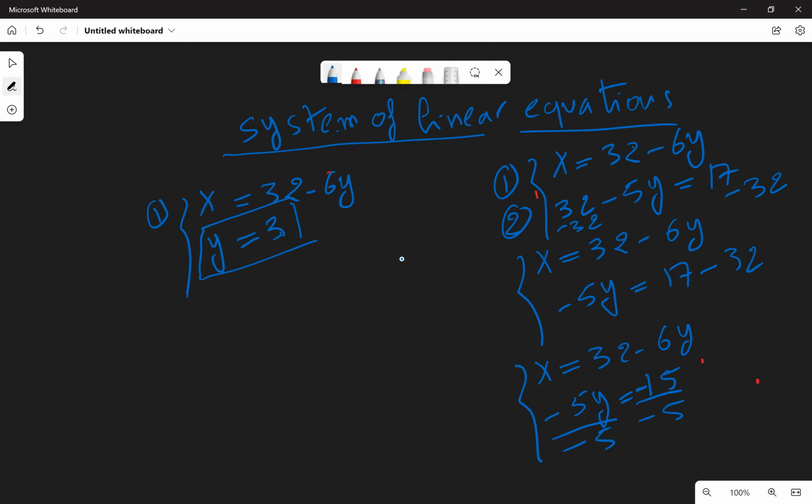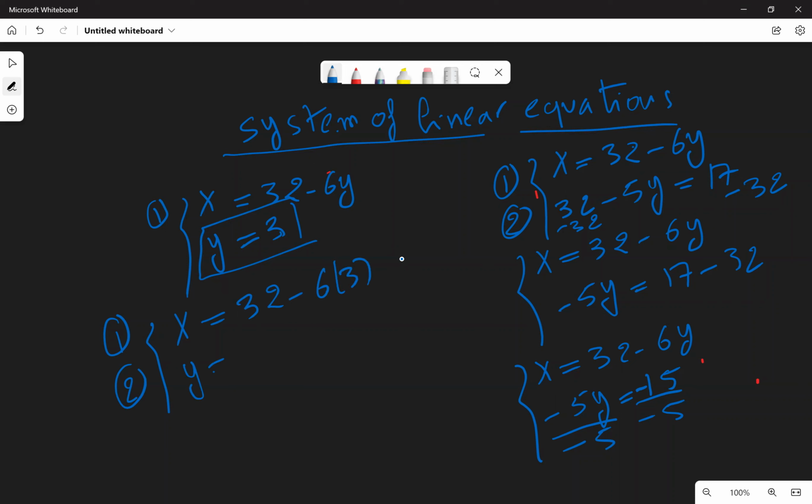Now I'm going to substitute 3 for y in the first equation, so I can find what the value of x is. This is my first equation, x equals 32 minus 6y, and y is 3.